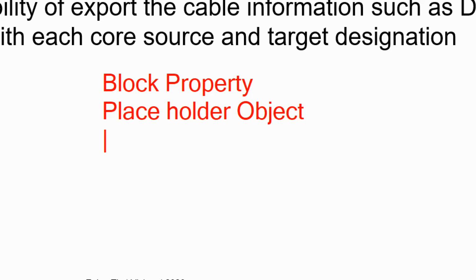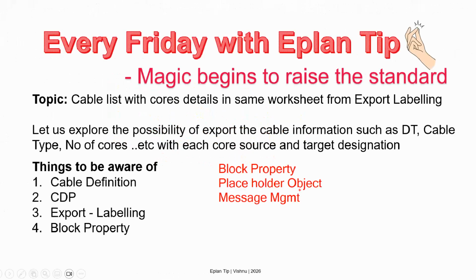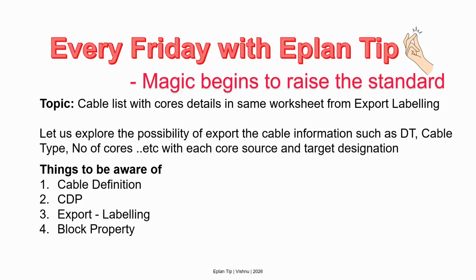The last one you also need to explore is called message management, which we normally are not using. All these things come into the picture once you get used to Eplan P8. Once you start using Eplan P8 effectively, these three things make your work much more effective. Remember, okay? So in future also I'll try to find such samples where you will find that there is a relation being built between block property or message management. These all are very powerful, but they look like silent killers.